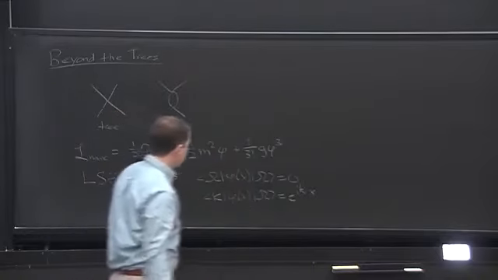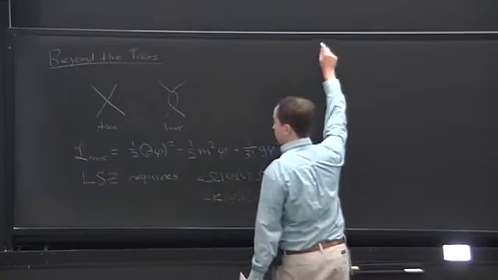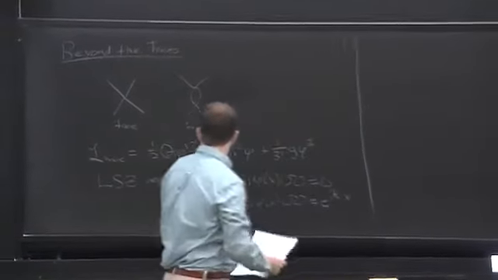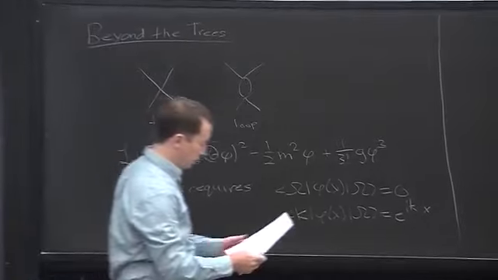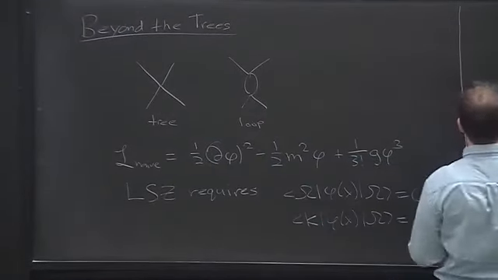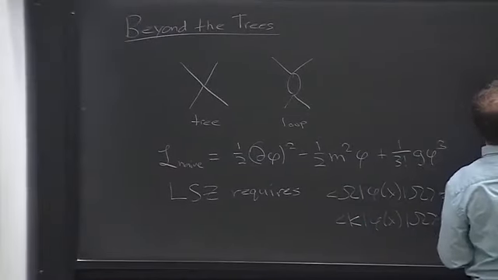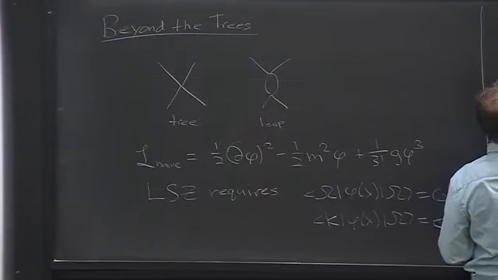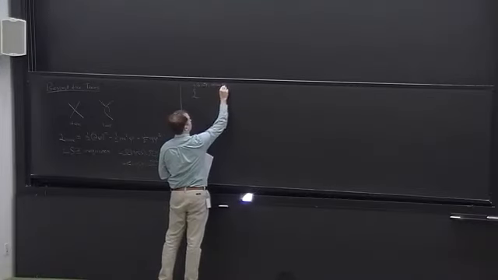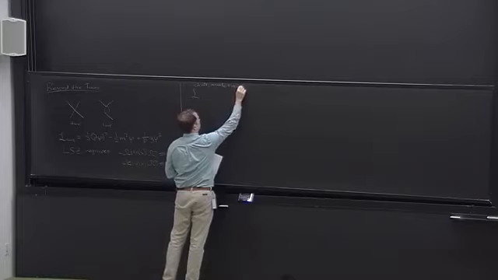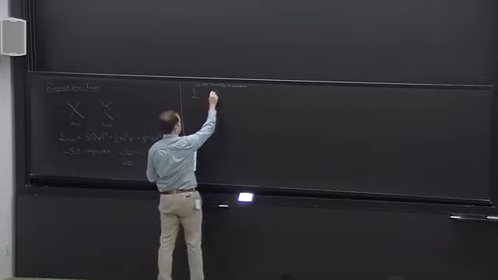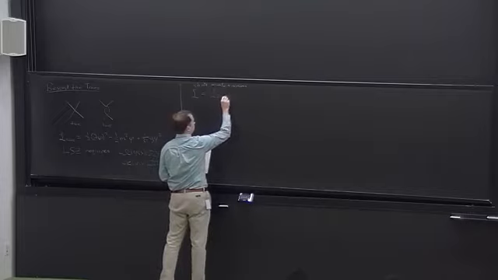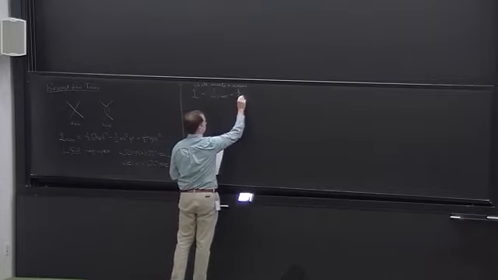So these two things are inconsistent. After we shift, rescale, and rename, what we get is some Lagrangian that we can break up into a free and an interacting part.